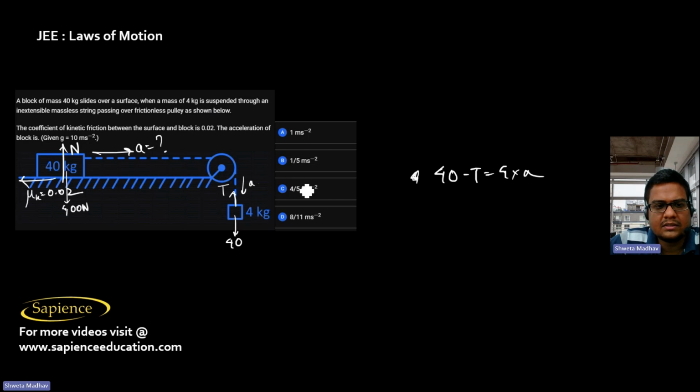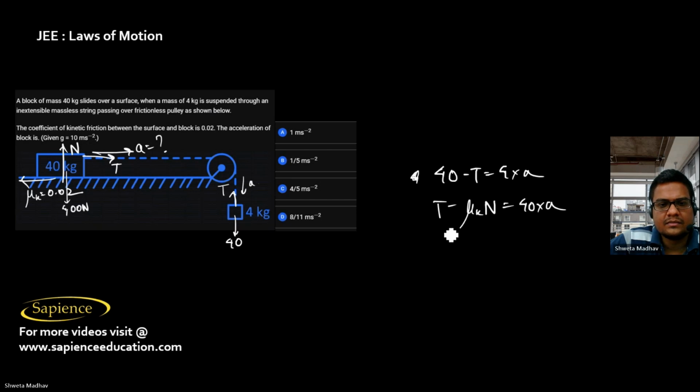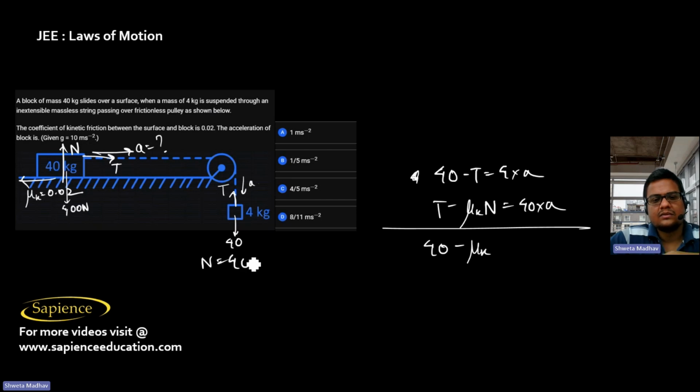And here this is the tension force, so T minus mu K into N equal to 40 into a. Then if you add them, we'll get 40 minus mu K into N. N is equal to 400 here, 400 Newton. So mu K into 400 will be equal to 44 into a.